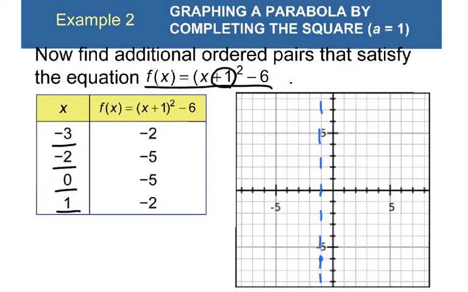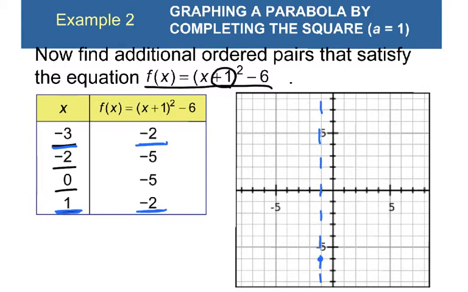That line is where our graph is symmetric, meaning whatever's on the right side is mirrored across to the left side. So like this right here, negative 3 is at a y value of negative 2. And this point right here, 1, is just the mirror image across the axis of symmetry because it's at the y value of negative 2 also.